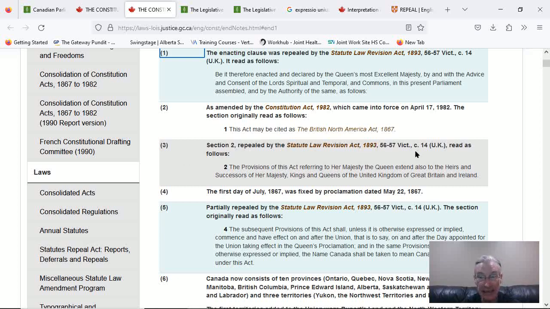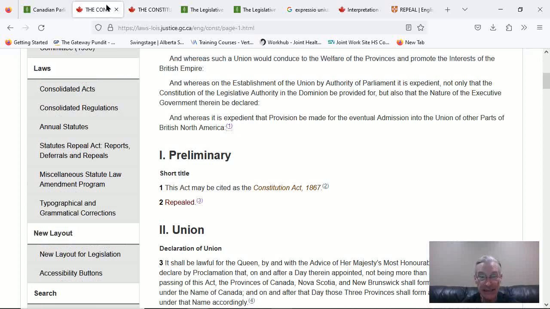Repealed in 1893. So everything in the Constitution Act 1867 referring to the Queen no longer extended to her heirs and successors.